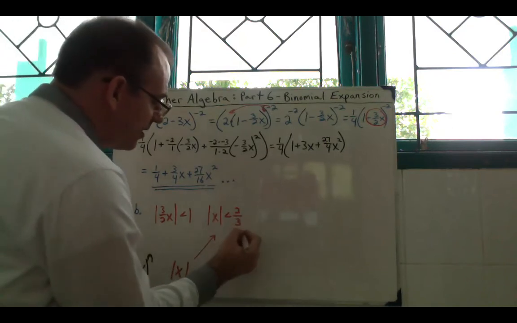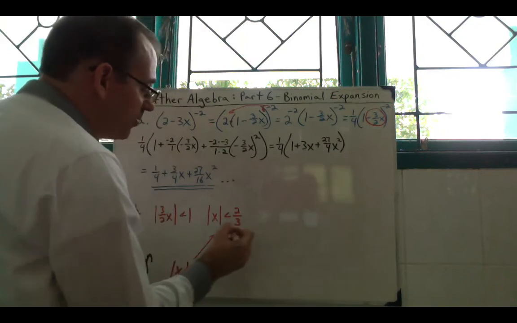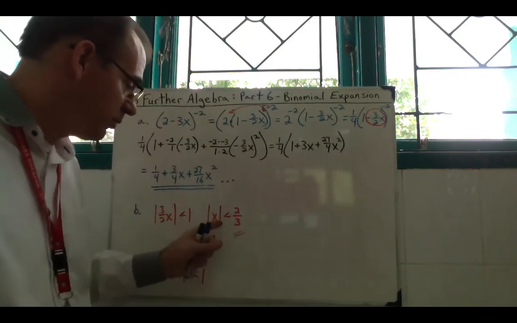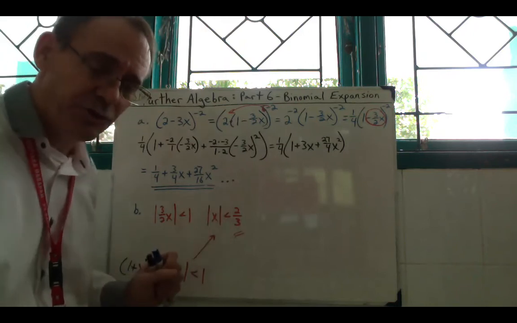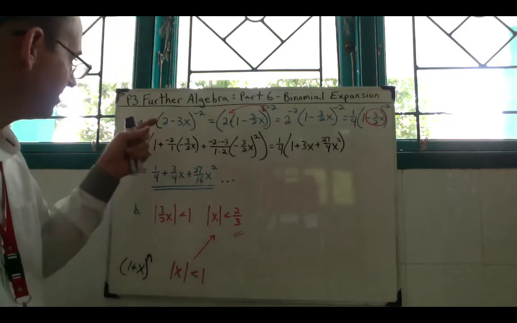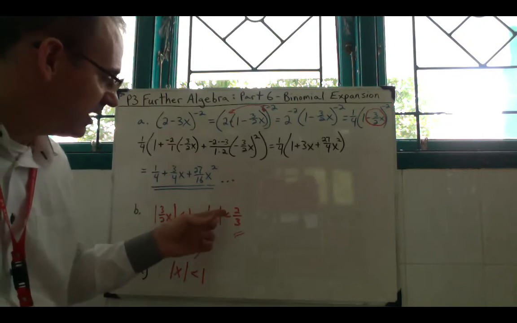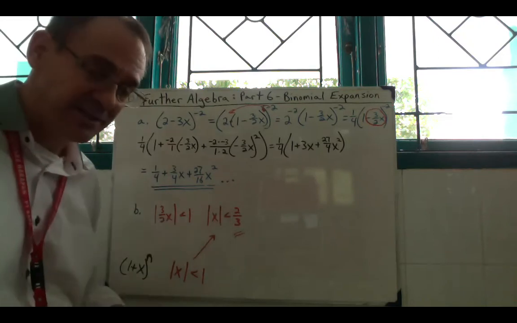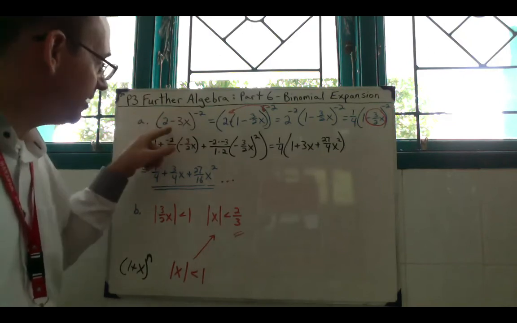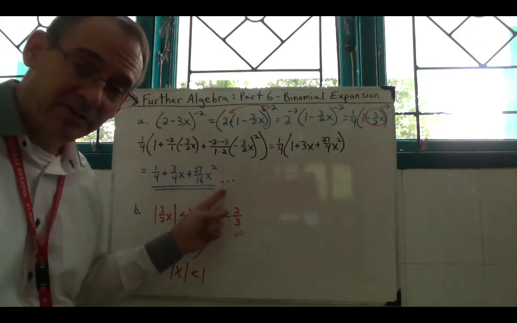And so for this polynomial here, if your absolute value of x is less than 2/3, you should end up with a reasonable approximation for this up here. And you can try it. Maybe you want to try plugging in 1/2. 1/2 is less than 2/3. Plug in 1/2 up here. See what you get on your calculator. Plug it in here. See what you get on your calculator.